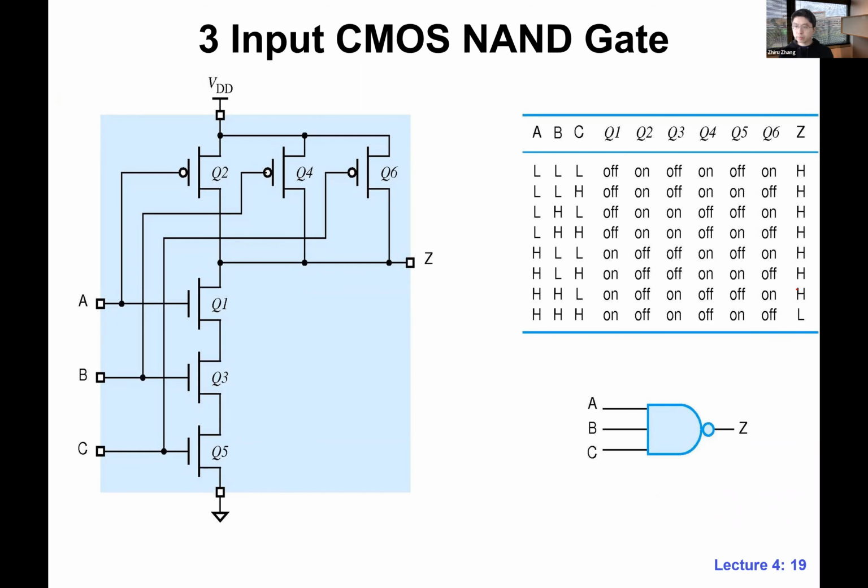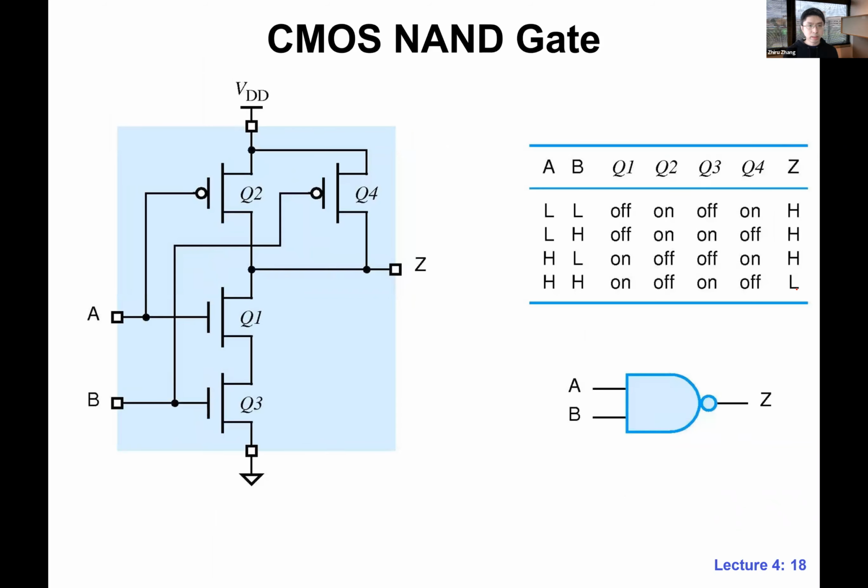Okay, so there's a question. Let's see. I guess you are asking about this one. The question is, explain why L goes to high. Again, we have A being L, B being L. So this is a PMOS.